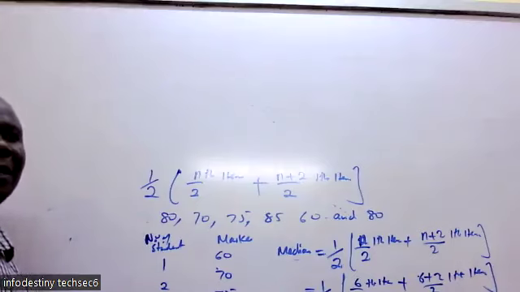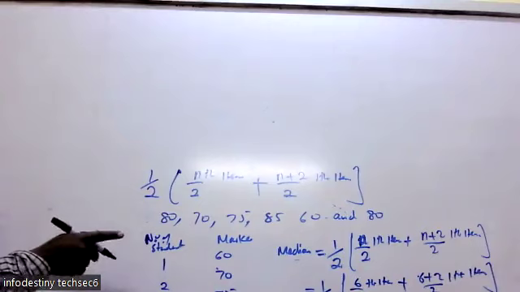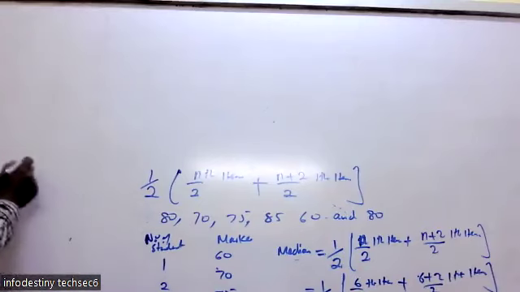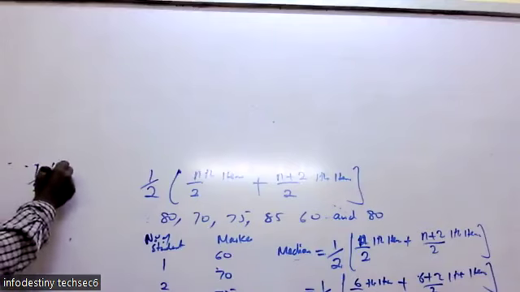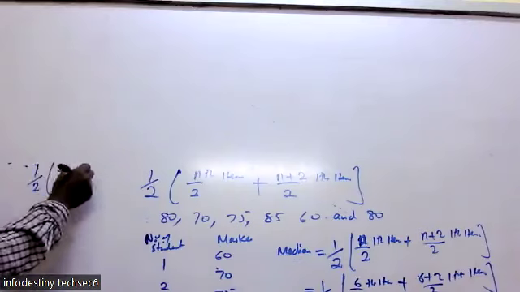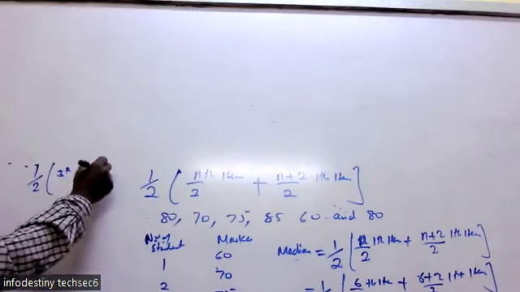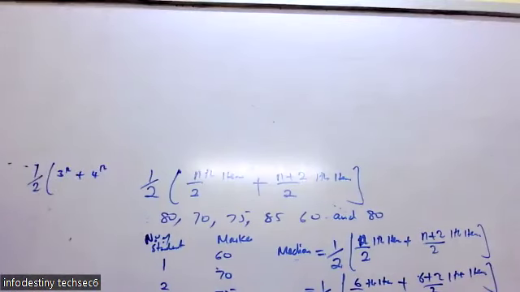So it's just going to be 1 over 2 into bracket, the third plus the fourth.